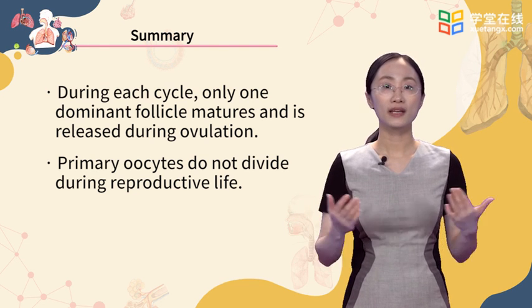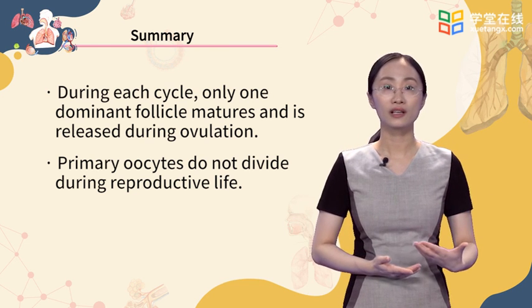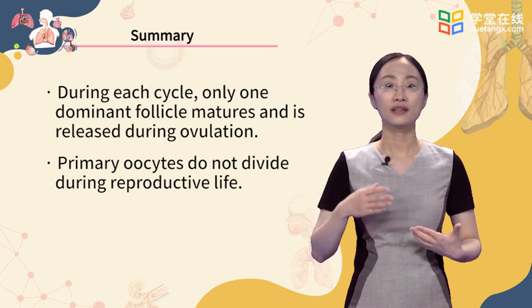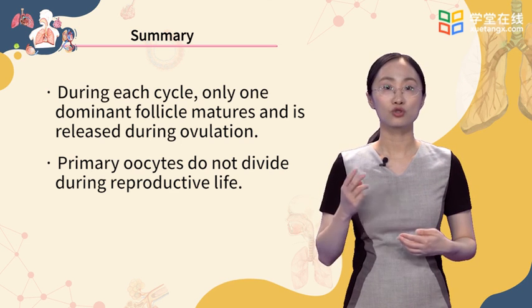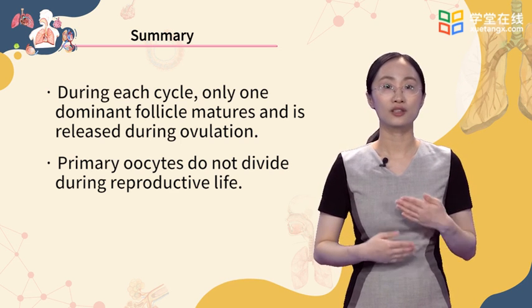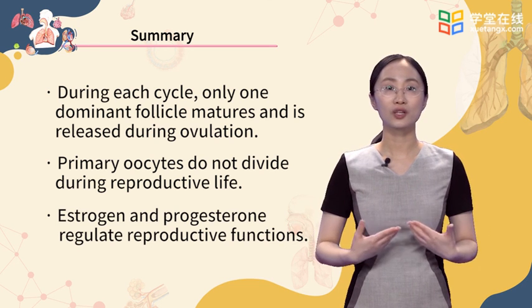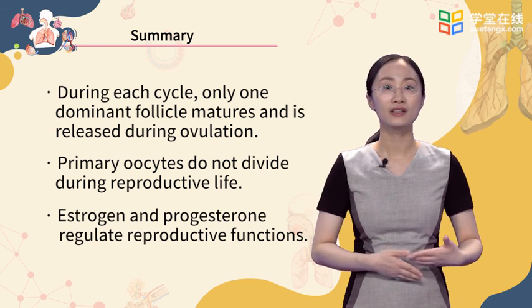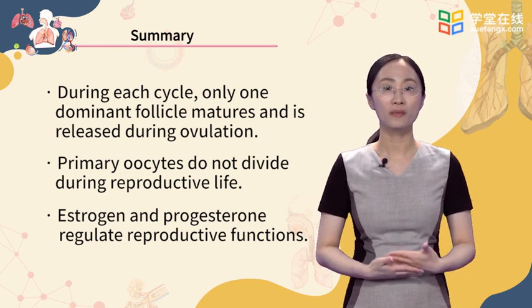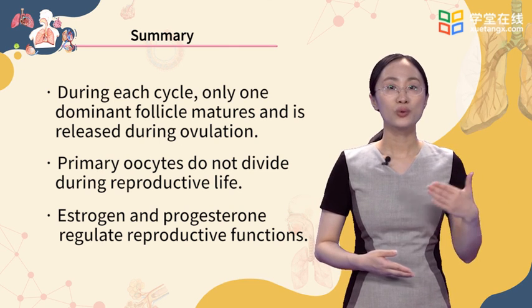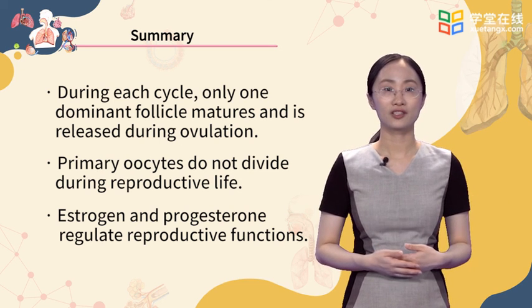They undergo meiosis I during follicle maturation and complete meiosis II when fertilization occurs. Estrogen and progesterone are produced during follicle development and corpus luteum formation, mainly to regulate reproductive functions.